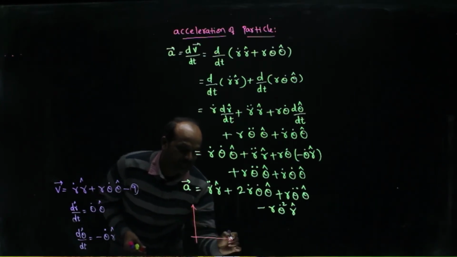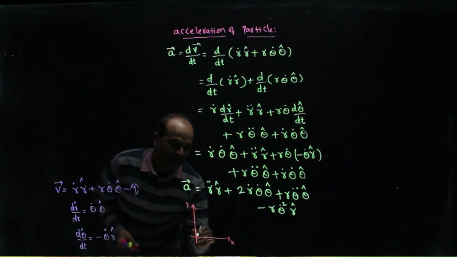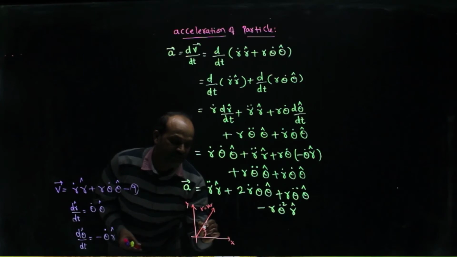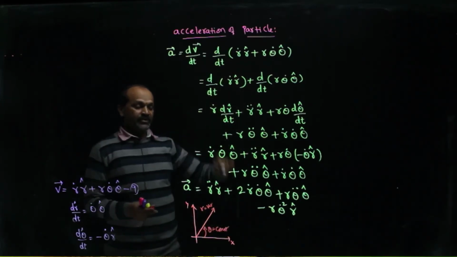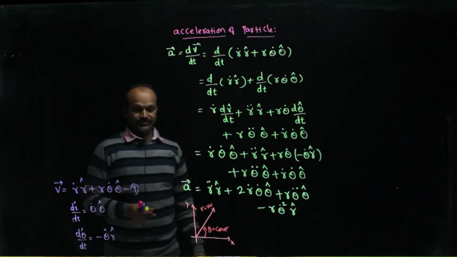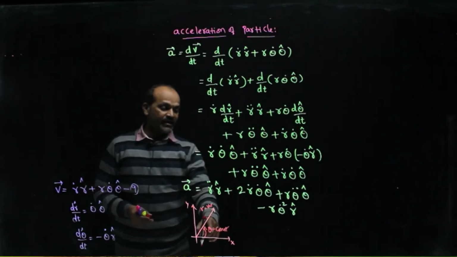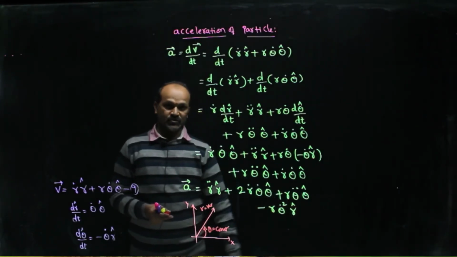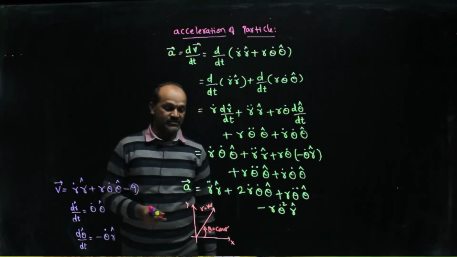In the first case, say the particle is traveling along the radial direction, that is, r is variable and theta is constant. It is traveling in the radius direction. So when theta is constant, the second, third and fourth terms will be 0, because differentiation of a constant is 0.